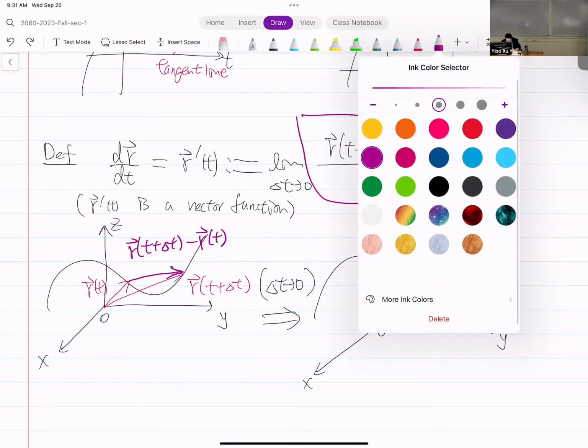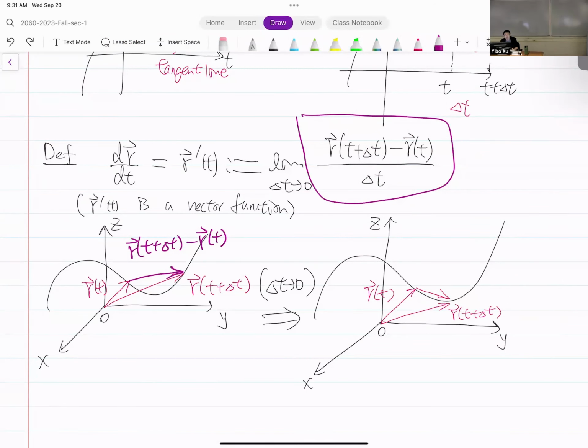So what's the direction of the tangent line? The tangent line always follows the direction of your curve. So basically think about it. When you're traveling along the space curve like this, it's really like driving a car on a really long bridge that's just following along the direction. At whatever point you have, to stay on this long bridge, you need to follow the direction of the curve, and that's actually this one.